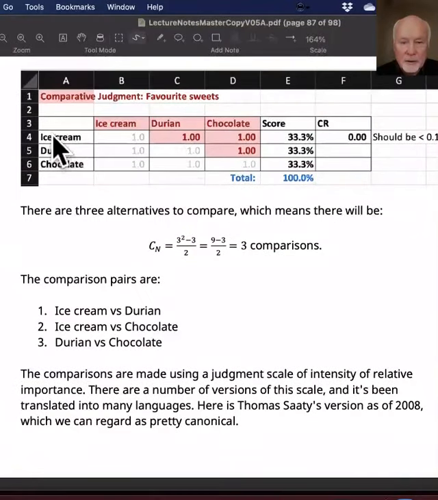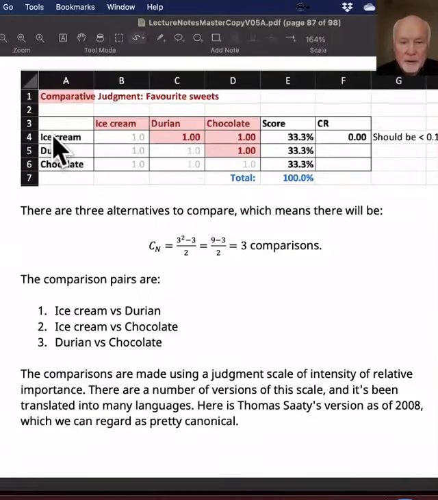The same story here: this is chocolate versus ice cream, not ice cream versus chocolate. So in the spreadsheet, what I am going to put there is 1/6. And that will now tell me, if I compare chocolate with ice cream, which is that cell there, it puts in 6. And up here I've got 0.17, which is 1/6.